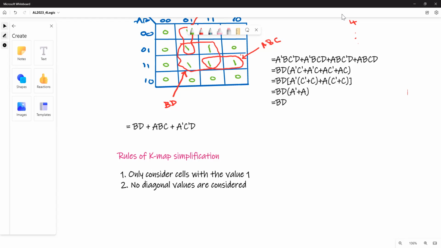Third one: the number of values in a group should be a power of 2.